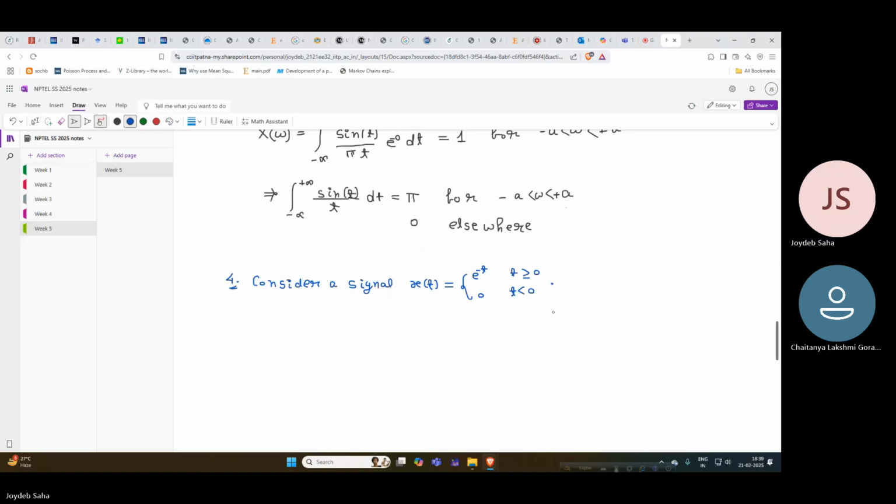Full stop. Let X(omega) denote the Fourier transform of the signal.